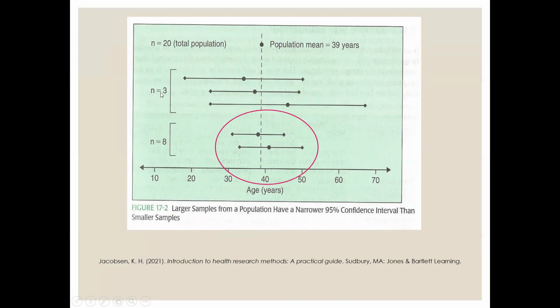When we draw samples of 8 people from the 20, we see that these confidence intervals are smaller. So the larger we draw the sample, we have increasing confidence that the statistics we have in the sample really reflect the population. So these are in sync, right? They're in tandem. Here we have smaller samples, but the confidence intervals are all over the place.